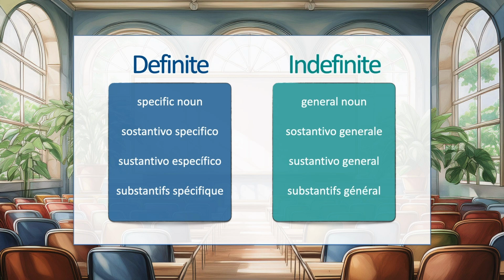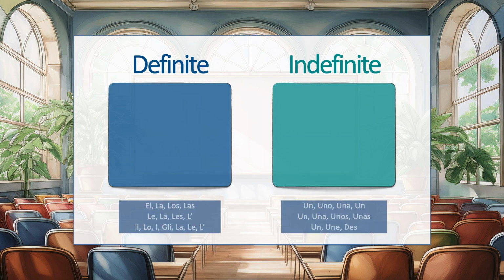Indefinite articles identify general nouns. To identify a specific noun, use the word the. To identify a general noun, use the word a or an.